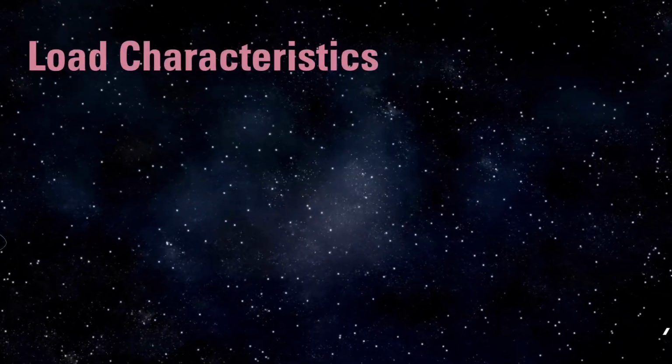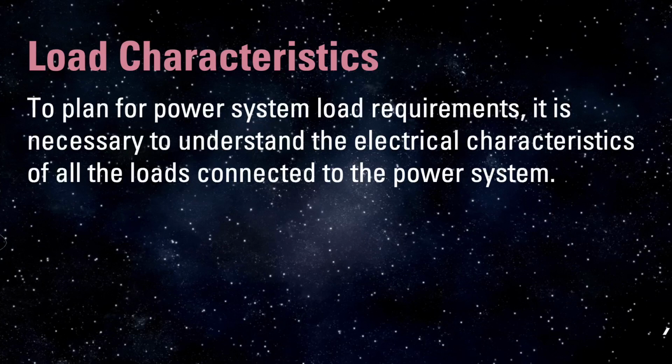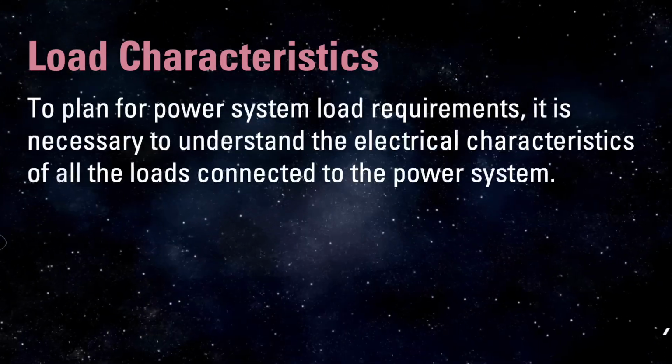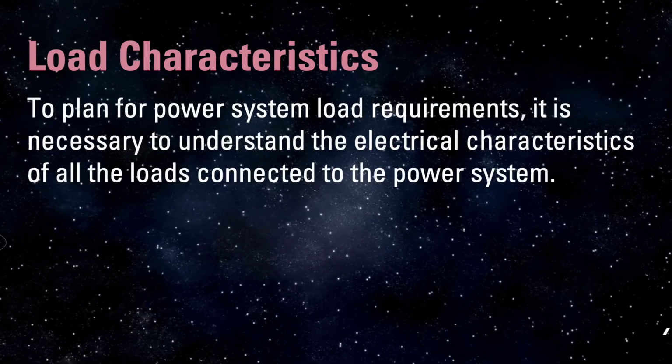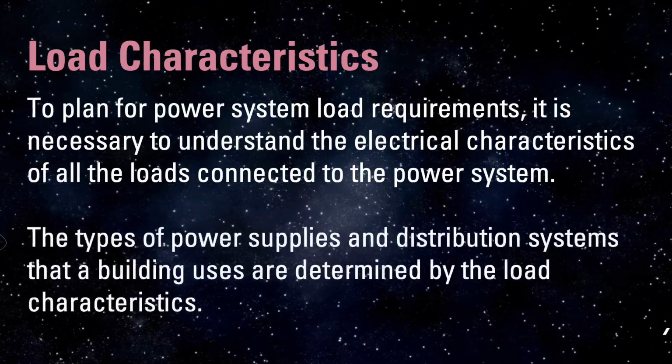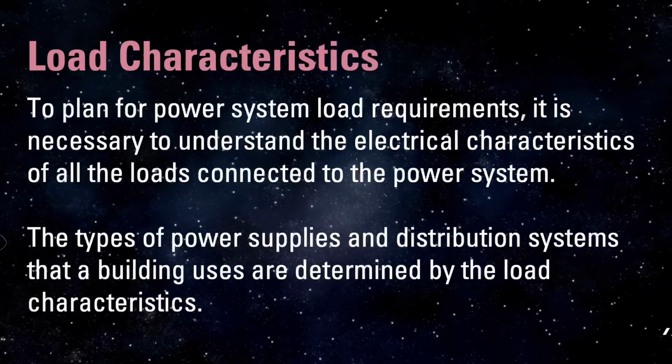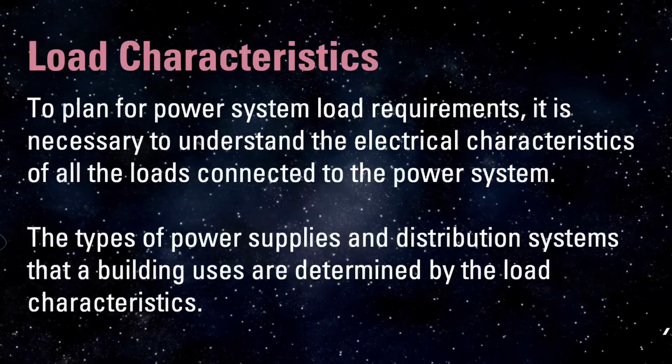Load characteristics. To plan for power system load requirements, it is necessary to understand the electrical characteristics of all the loads connected to the power system. The types of power supplies and distribution systems that a building uses are determined by the load characteristics.